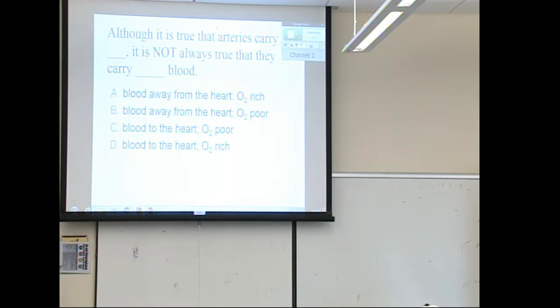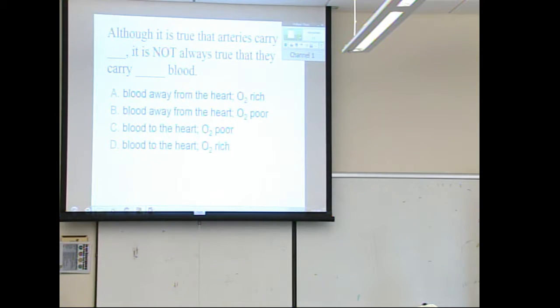So yeah, arteries carry blood away from the heart, but it's not always full of oxygen. Which artery has oxygen-poor blood in it? Yeah, pulmonary artery, you're right.